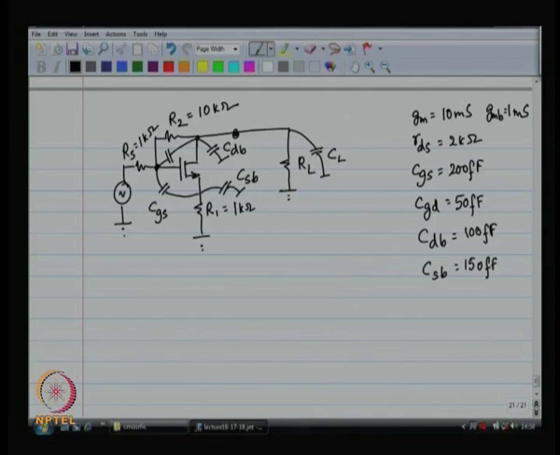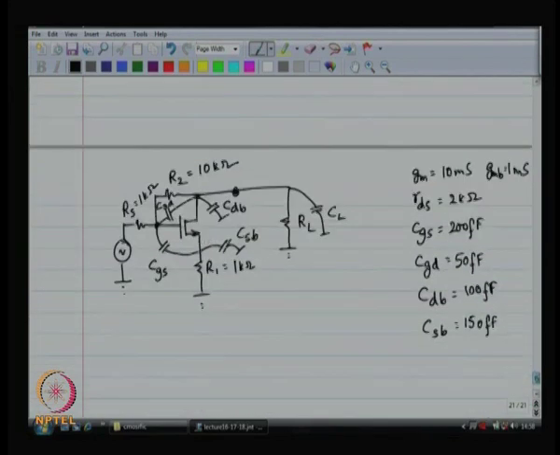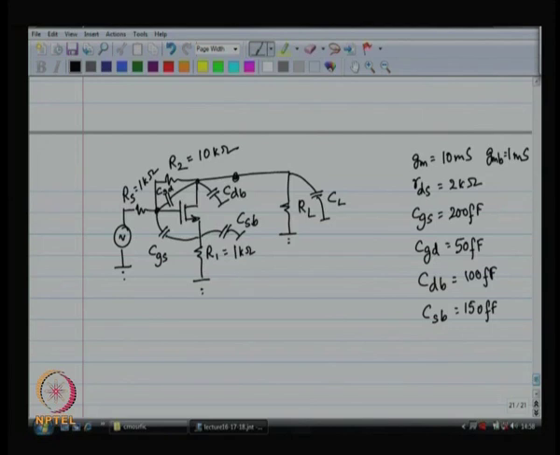I could not label C gate to drain. Okay. These are all the capacitors. Let us say that RL and CL, what do you want to put RL and CL as?